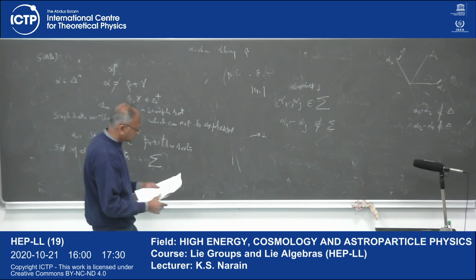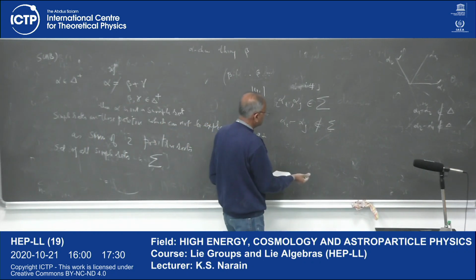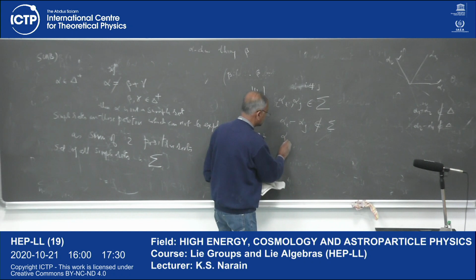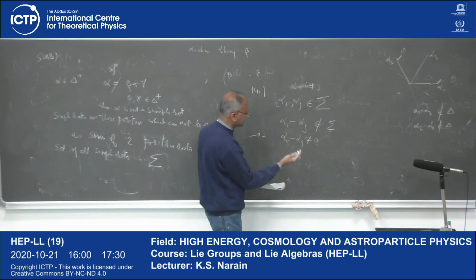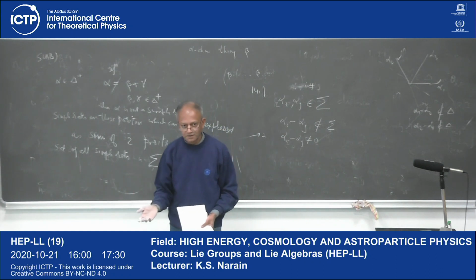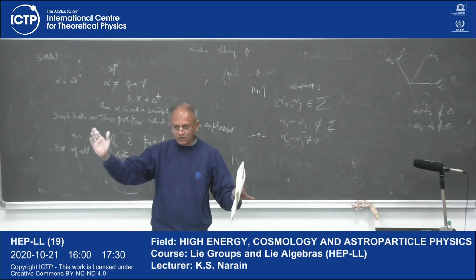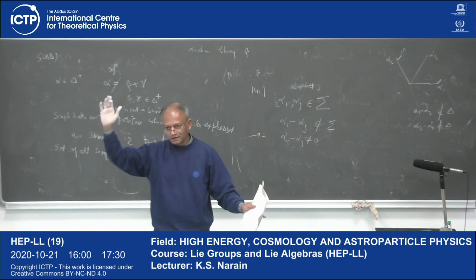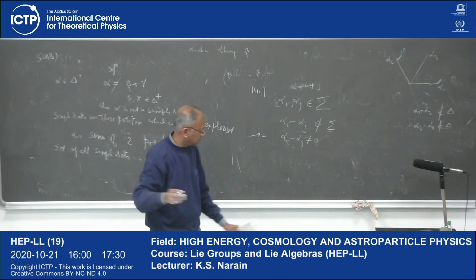So alpha i minus alpha j is not 0. Since it is not 0, there are two possibilities. Either it is a positive root or it is a negative root, because we said all the roots have been split halfway, into positive and negative.